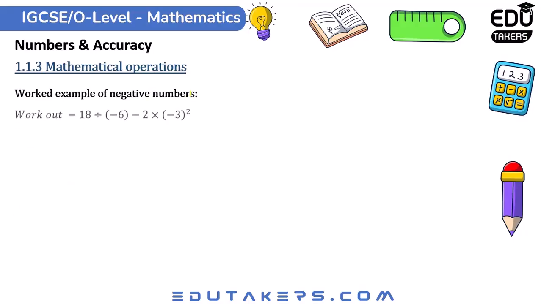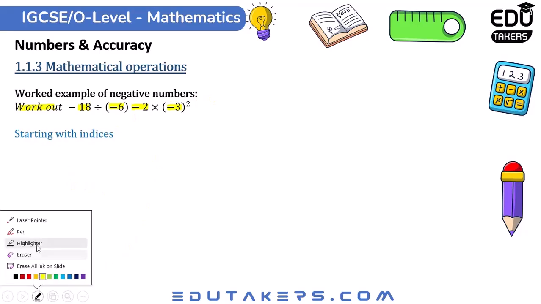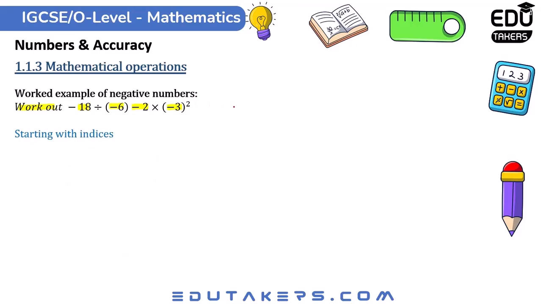Worked example of negative numbers. Work out negative 18 divided by negative 6, minus 2 multiplied by negative 3 whole squared. So starting with indices. Here again we will use the rule BODMAS or BIDMAS.